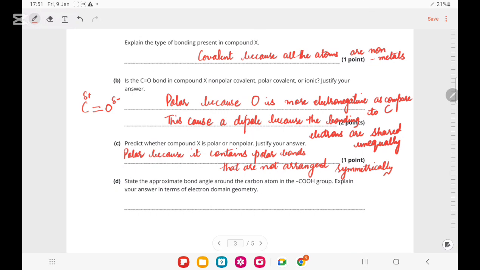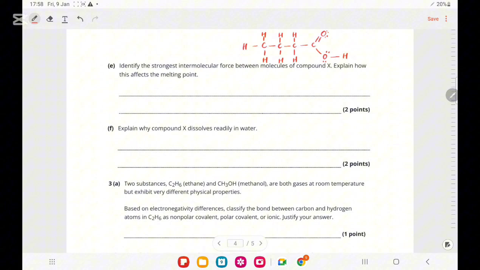Then they are asking in the next question to identify the strongest intermolecular force between molecules of compound X. The strongest intermolecular force is going to be hydrogen bonding because of the presence of the OH group there. And what happens because of that?